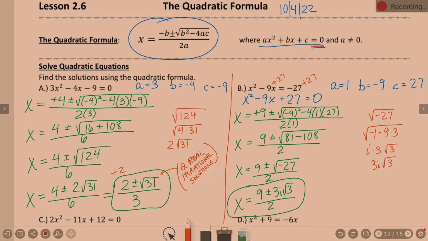So again, trying to prep you for later on when we use the discriminant and talk about that. These are non-real solutions because there is an i. And that also means when we use those imaginary numbers, do you remember we call them complex numbers? Complex numbers are that form a plus bi. So I'm going to mention here that there are 2, this time I'm going to say non-real or complex solutions.